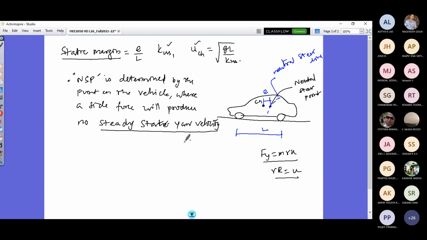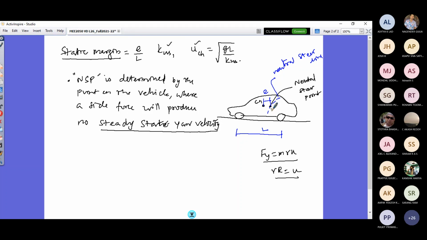This is the point when we have also looked at when vehicle is driven in a straight path, there is a side wind gust and its resultant is acting at a point in the vehicle, happens to be at the point here, and that's called a neutral steer point when there is no steady state yaw velocity. That means the vehicle will continue to go in a straight line only.